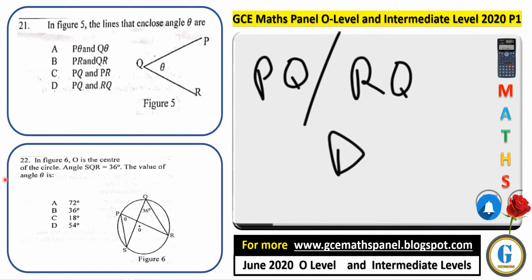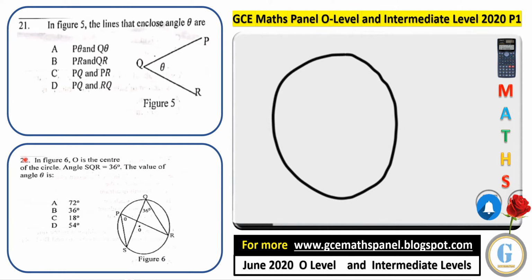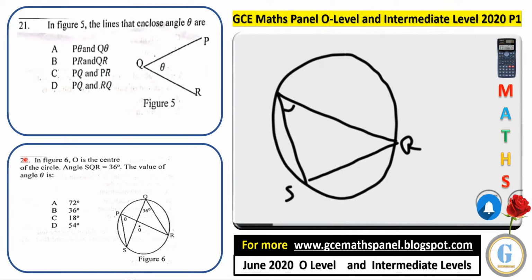Question number 22. You are given figure 6 with O as the center. If angle SQR is 36 degrees, what is the value of angle theta? Looking at this diagram very well, you see that you can draw an arc here. This arc should be SR. This arc subtends an angle here at P, and this angle here is theta.